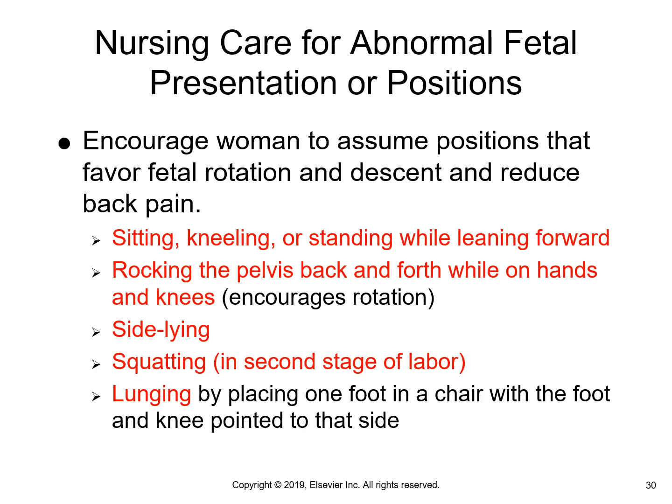Positioning: sitting, kneeling, or standing while leaning forward, or rocking the pelvis back and forward while on hands and knees. This encourages the rotation of the baby, hopefully. Side lying, squatting in the second stage of labor, or lunging by placing one foot on a chair with the foot and knee pointed to that side.